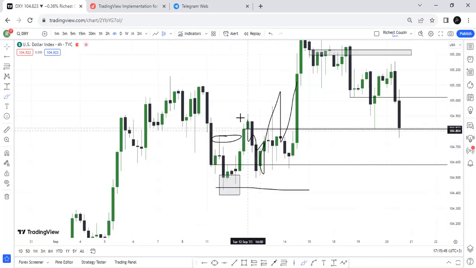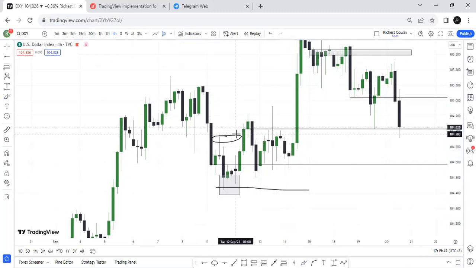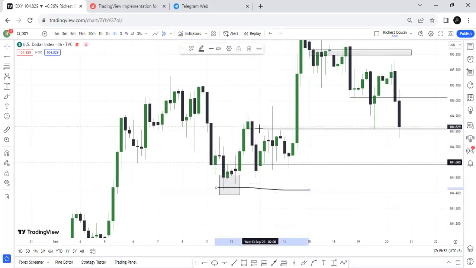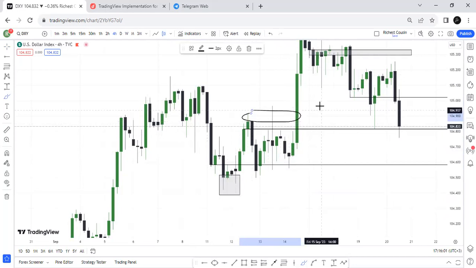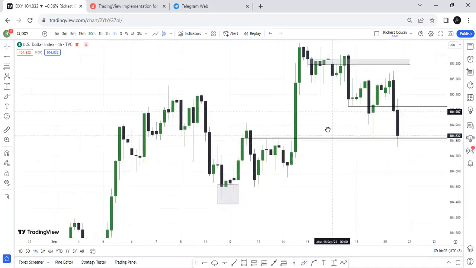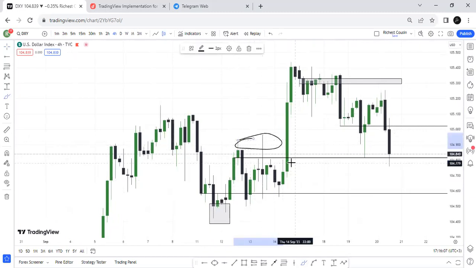Now, what are we anticipating? We anticipate that price will maintain the bullishness going to the upside by closing above this high. As you can see, price closed above this high and continued maintaining the bullishness going up.